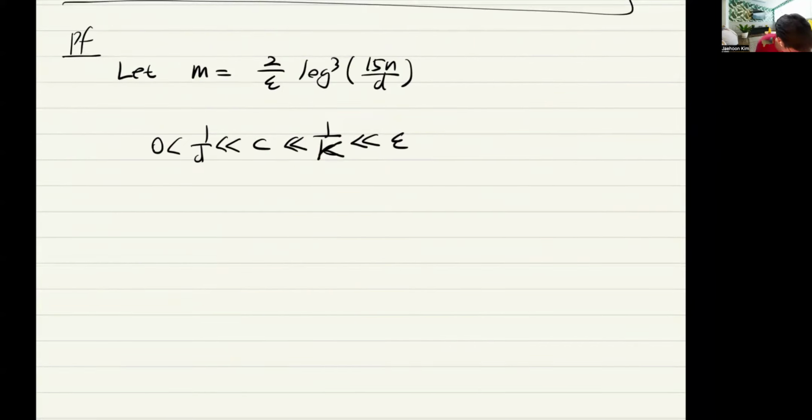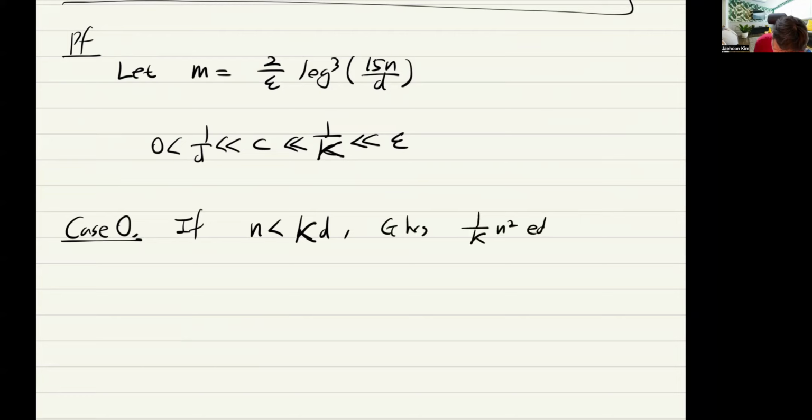Okay, actually there are more than 3 cases. Let's say case 0. So if n is smaller than kd, that means this is a dense graph. That means G has at least 1 over k n square edges. And for this, we can use the dependent random choice to find the one subdivision.